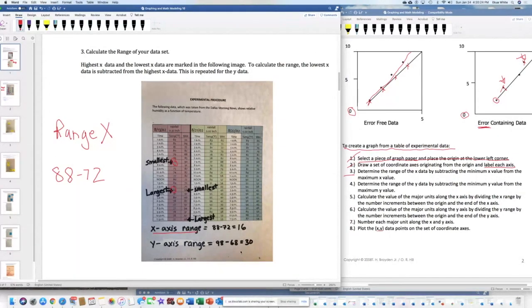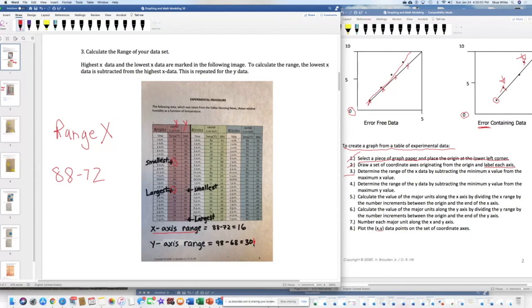And then for the y range, this is y right here, and this is x. For the y range, I found the largest number, that's 98. The smallest number is 68. So you subtract that. Just by looking at the range, regardless of how they're organized, the increments here have to be bigger because your data covers a lot more numbers.